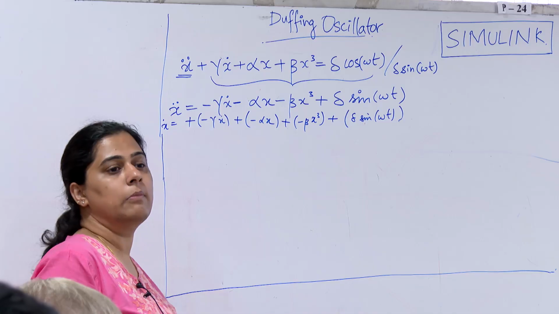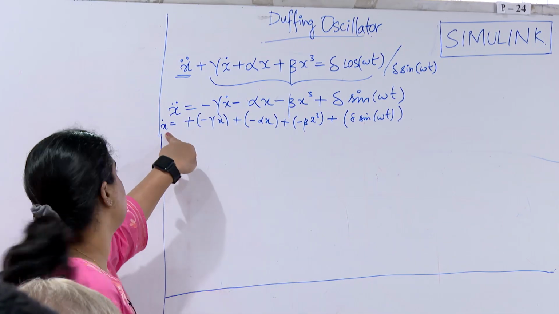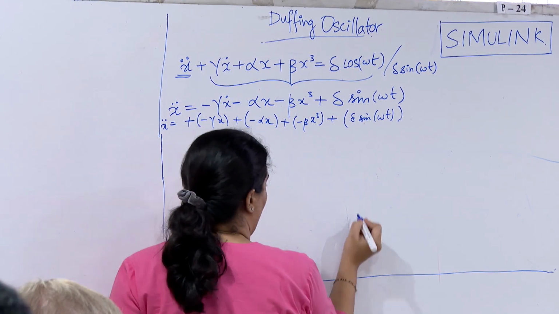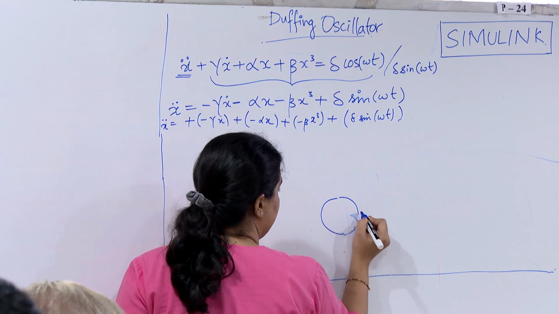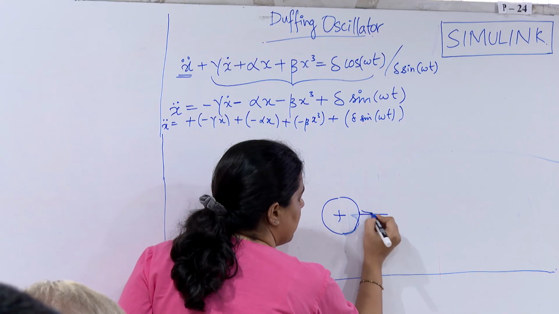So there should be a block which adds all these things and will give you this output x double dot, right? So I'll have a block where I have to add everything, and it will give me an output.